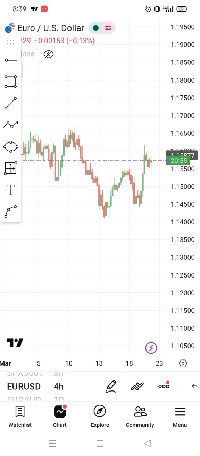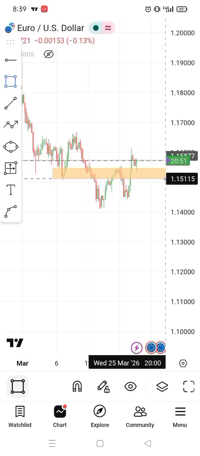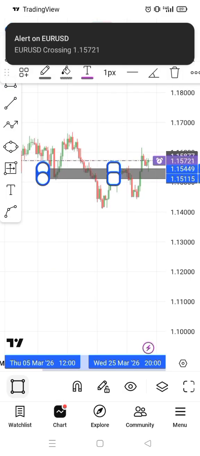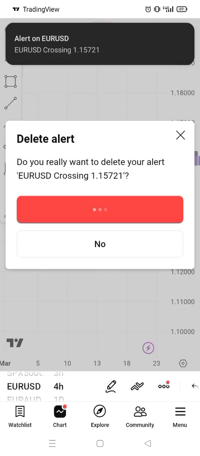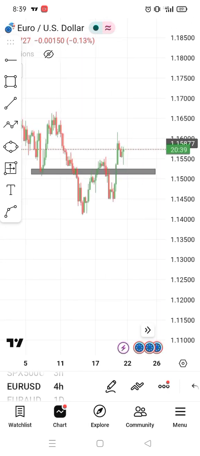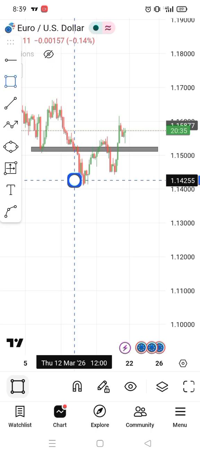So in Euro USD, we know that anything below this is a level of low that are being broken, and then ended up making a new low in the market.